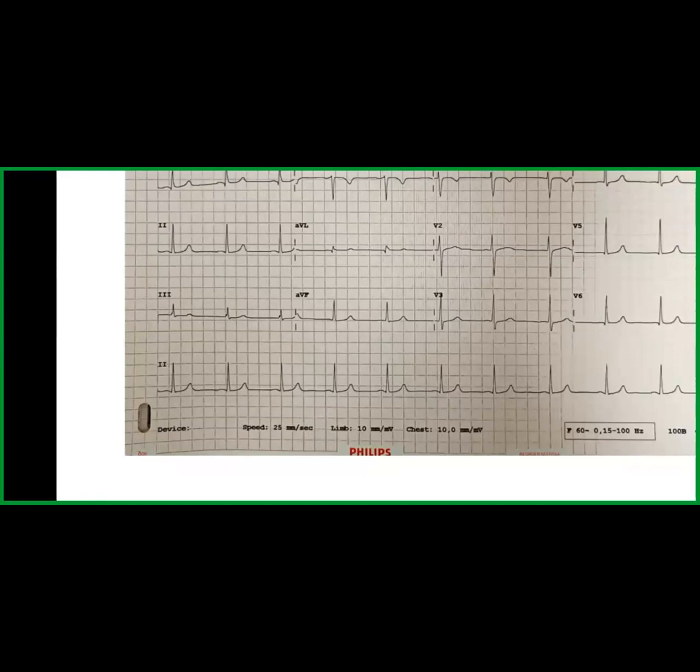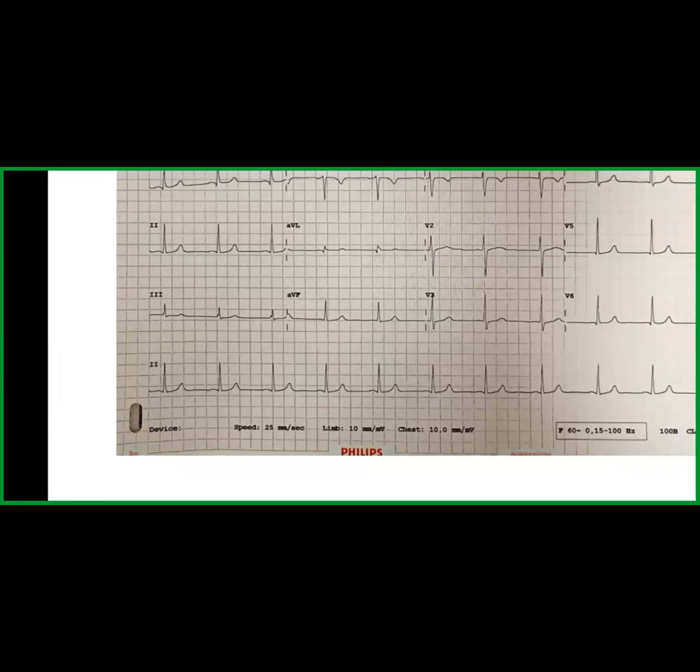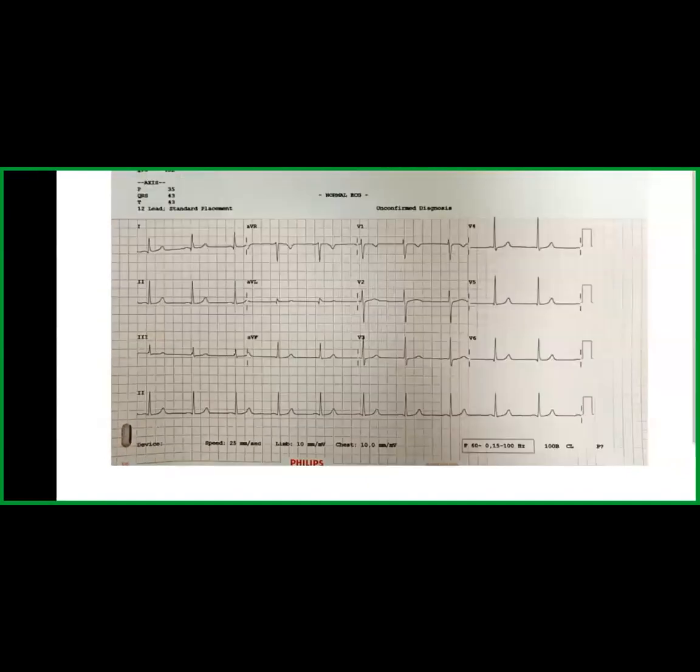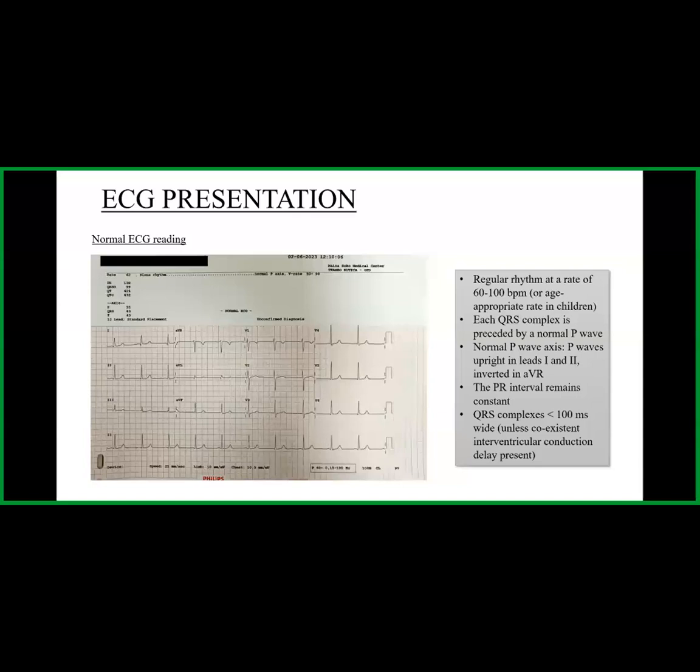Just eyeballing it from this point here, we can see that the distance between each tip in lead 2, which is where I focused right now, is seemingly the same.